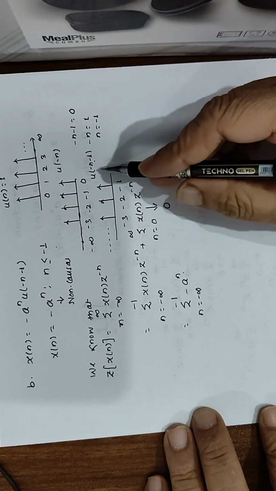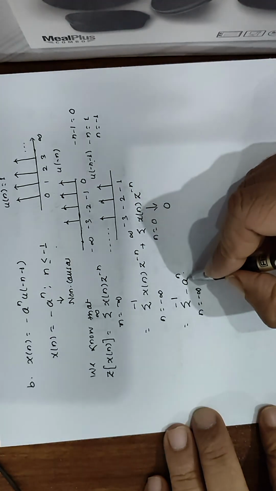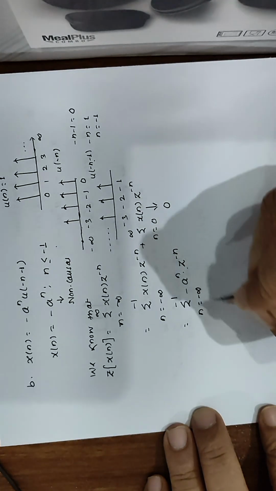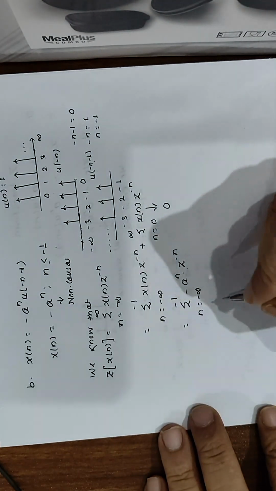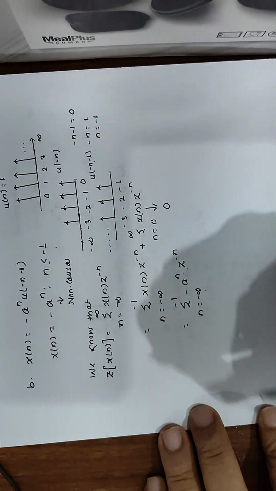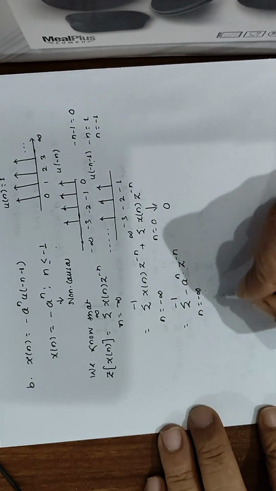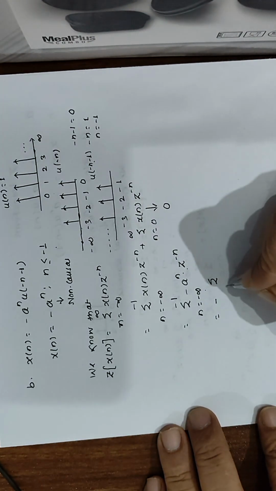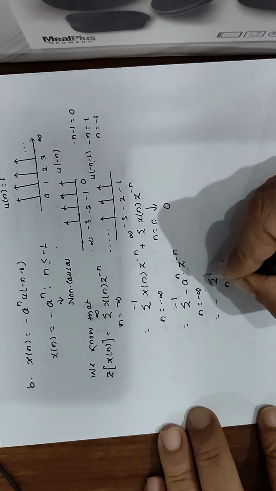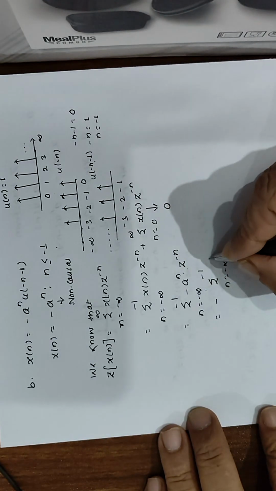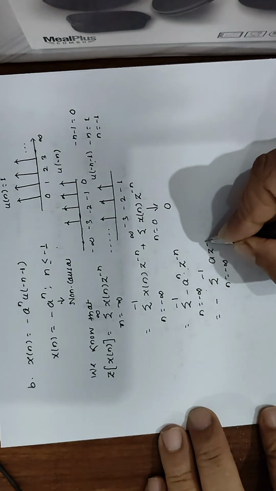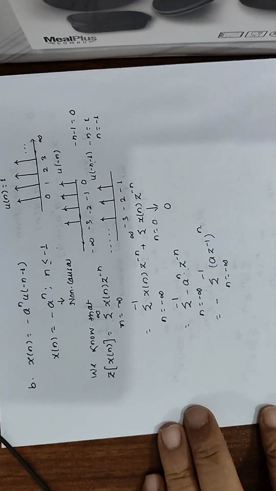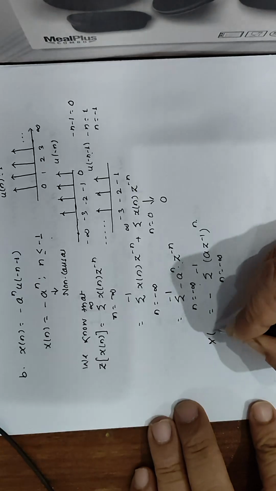And since u of n equal to 1, this becomes minus a power n into 1 into z power minus n, and the limit is n equal to minus infinity to minus 1. Now you take this minus sign outside. This is the sum from n equal to minus infinity to minus 1 of a z inverse whole power n. So this is x of z.